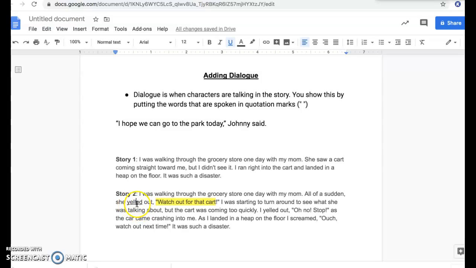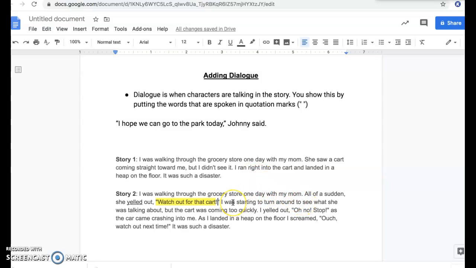If she's yelling, she's probably saying this fast because she wants the person to hear. So she's like, "Watch out for that cart." This word yells tells you how the mom's feeling. And when we hear what she actually says, with the exclamation point, it makes the reader really understand, oh my goodness, it's coming right at this person. It makes it more exciting.